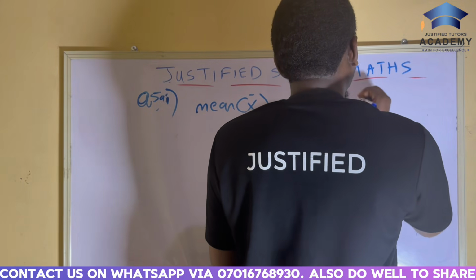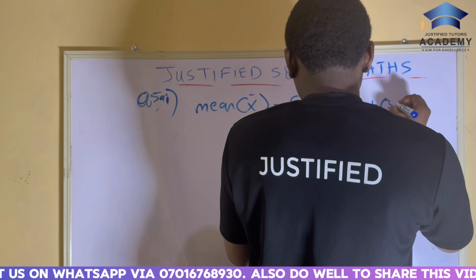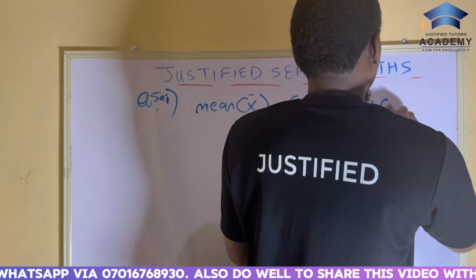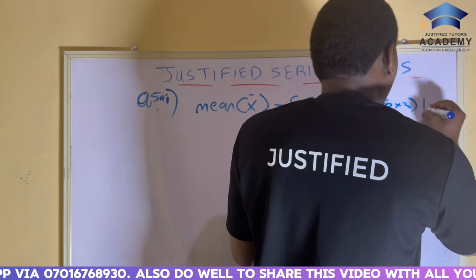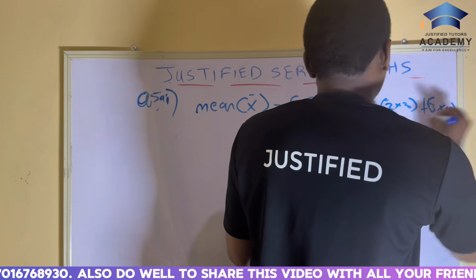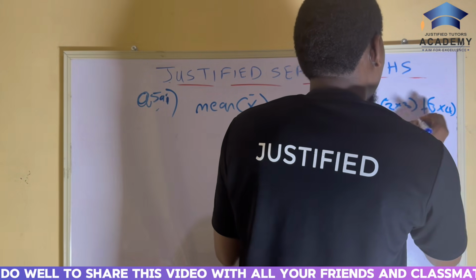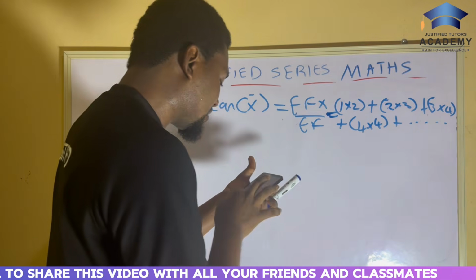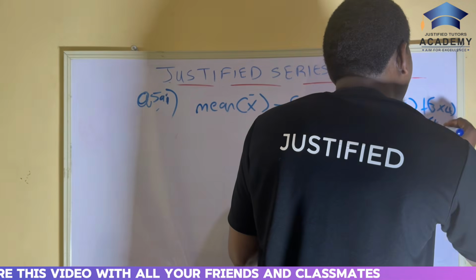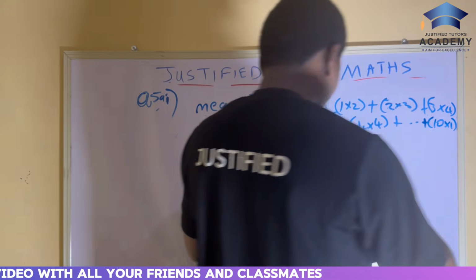So that's 1 times 2 plus 2 times 3 plus 3 times 4 plus 4 times 4, and like that until you reach 10 times 1. Are you getting me?